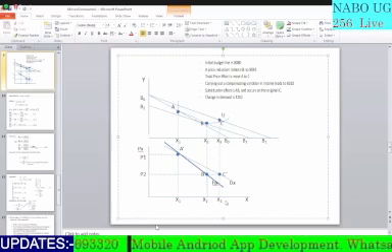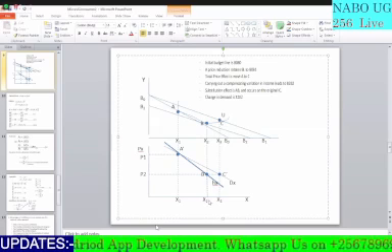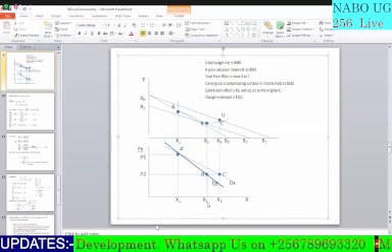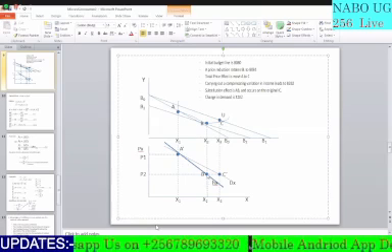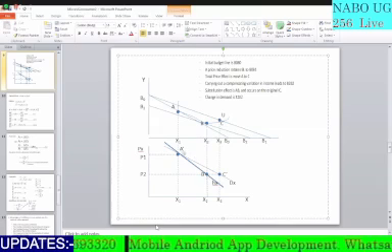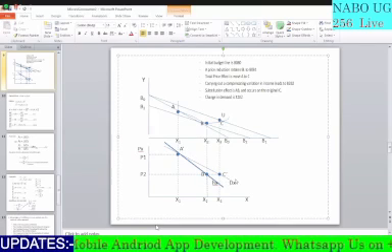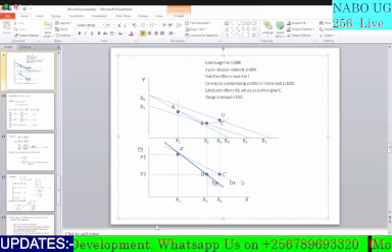So you see, when you take away, obviously it means that he's going to consume less of the commodity. When you join A prime and B prime here, you get the compensated demand curve, and when you join A prime and C prime, you get the Marshallian demand curve.